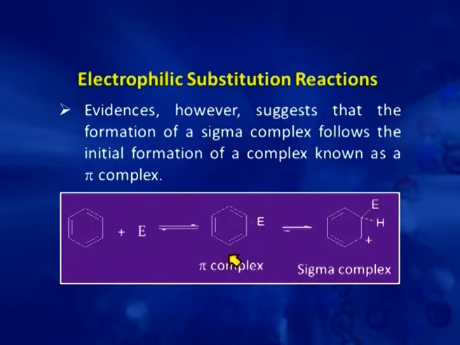First, this electrostatic attraction is there between the two reactants and this is known as a pi complex, and there is no formation of bond here, it is just the attraction between two reactants, and then this electrophile forms a bond and converts into a sigma complex.